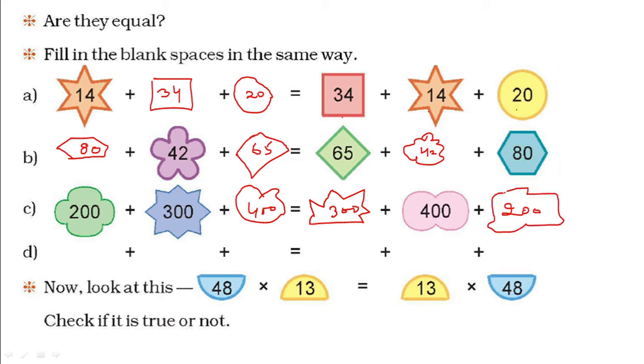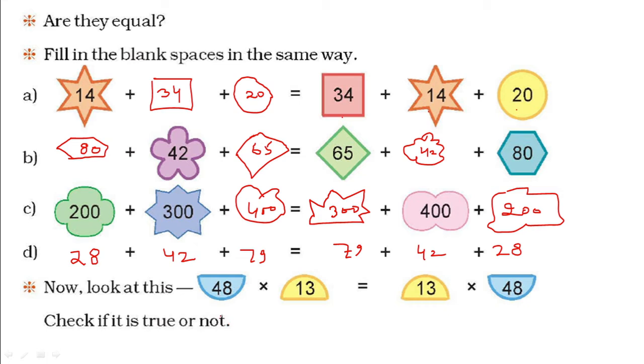We are just changing the order of the numbers. The sum remains the same. Here we can have 28, 42, 79. If we change the order, 79, 42, 28, the sum remains the same.